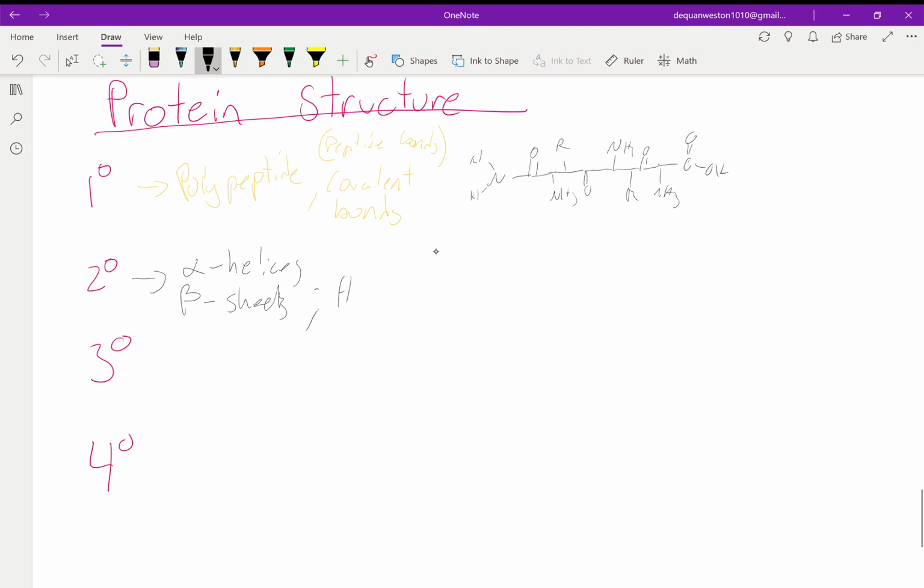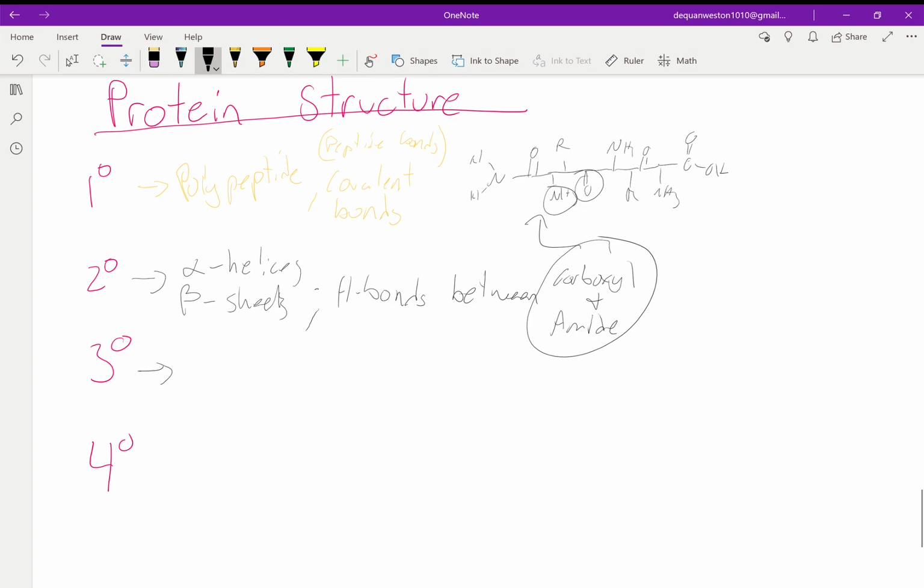These are made of hydrogen bonds between carboxyl and amide groups. So just know that these are between this and this, and not the R groups.